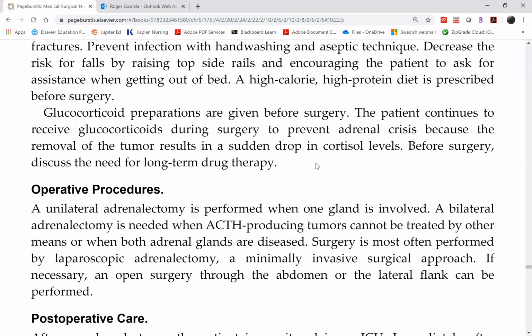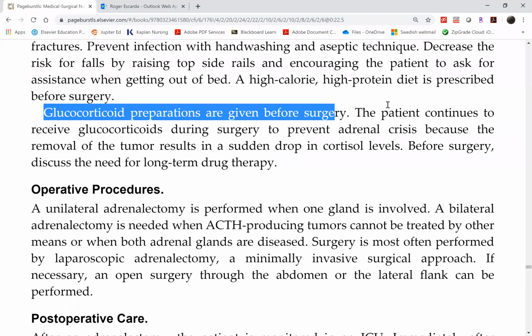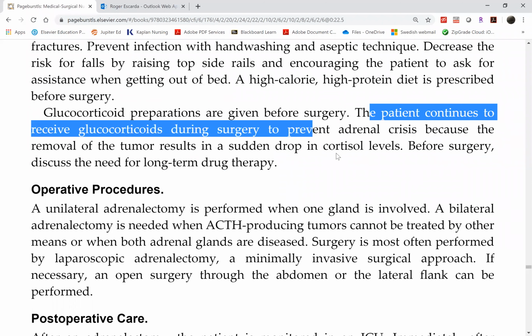Repeat it again. Because now after surgery, what do they have? Do they still have Cushing's disease? Lifelong glucocorticoids. Okay, so we'll have to replace the hormones right after surgery. In fact, we start giving it before, during, and definitely forever after surgery.